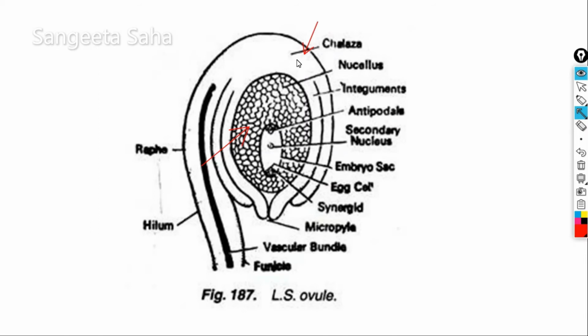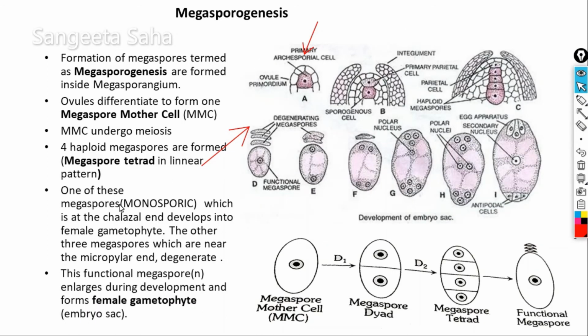Now, in the next part, we are going to see what really happens when the ovule differentiates and forms one megaspore mother cell. The formation of the megaspore is termed megasporogenesis, and this is basically formed in the megasporangium.